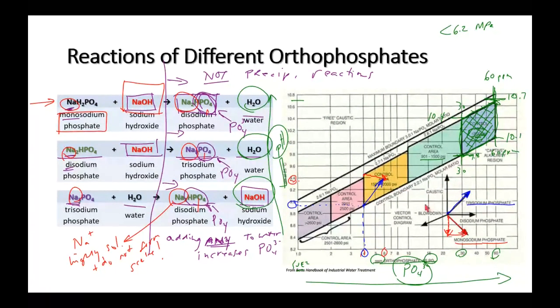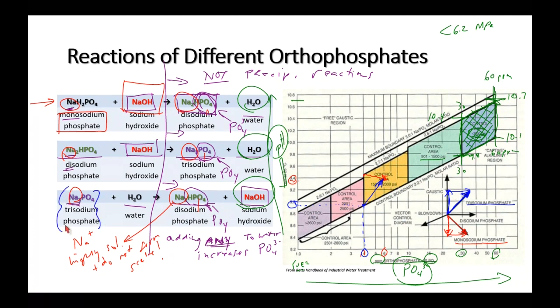Okay, so what we're going to do is we're just going to look at this chart here, and if I want to increase the pH and I want to increase the phosphate, here's another arrow. It's in the same direction, right? Trisodium phosphate will increase the amount of phosphate, and it also increases the pH. So let's go over here.